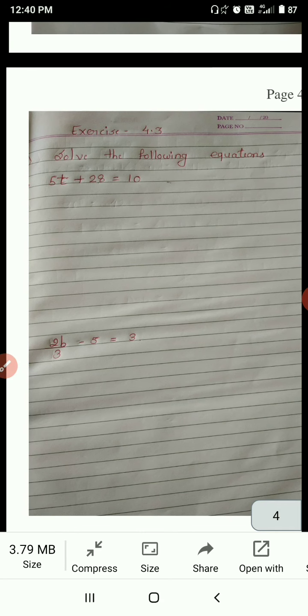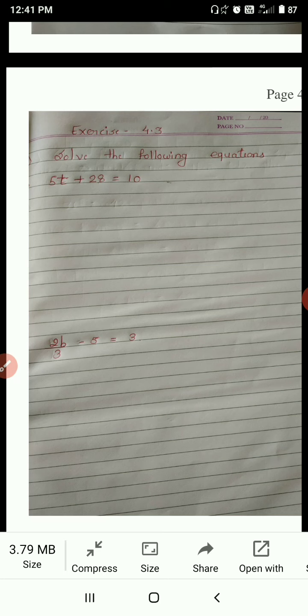So here it is written, solve the following equation. Here we have to solve the equation. And there is a method to solve the equation. Either you can give a step to solve the equation, or you can directly transpose the number for solving an equation.